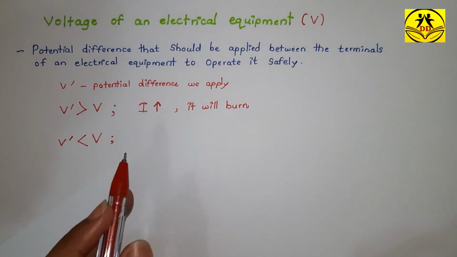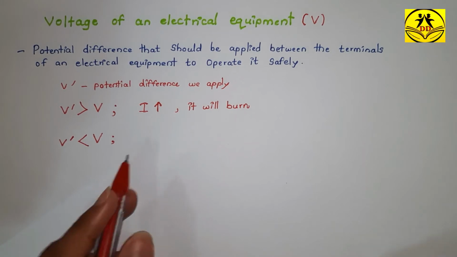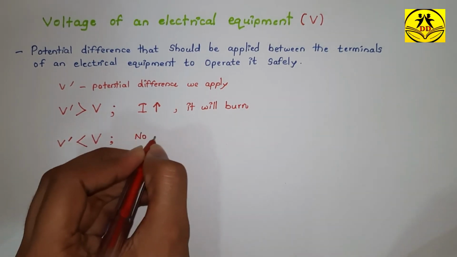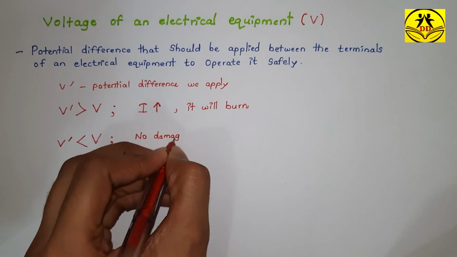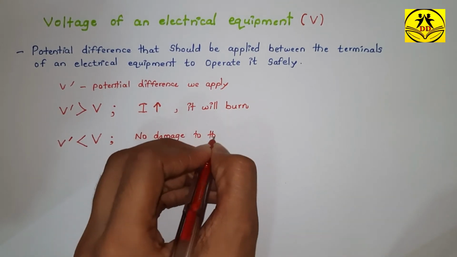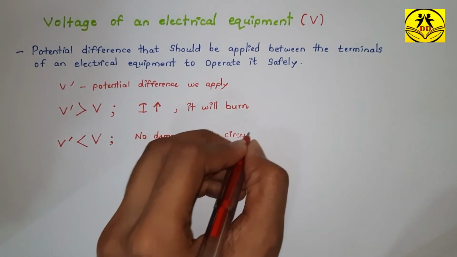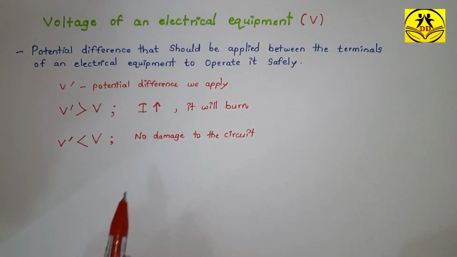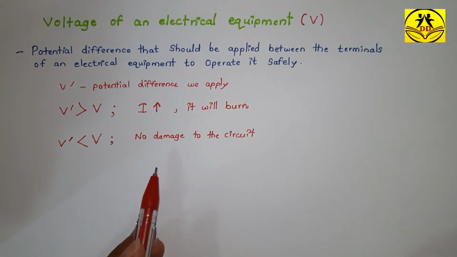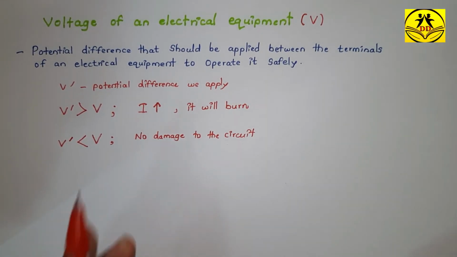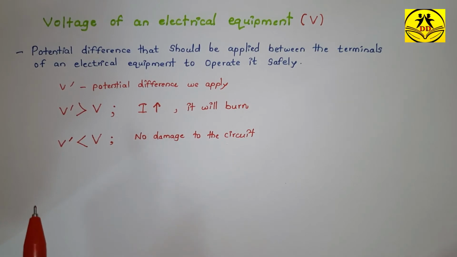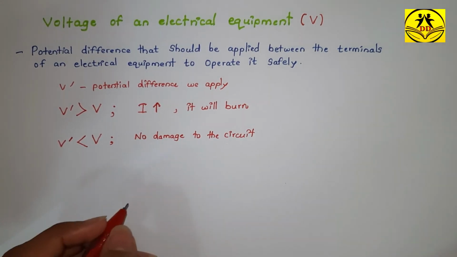So the equipment won't burn. No damage to the circuit. But what happens is the power at which it works decreases. It means it won't work with the standard wattage of it. Power at which it works decreases.